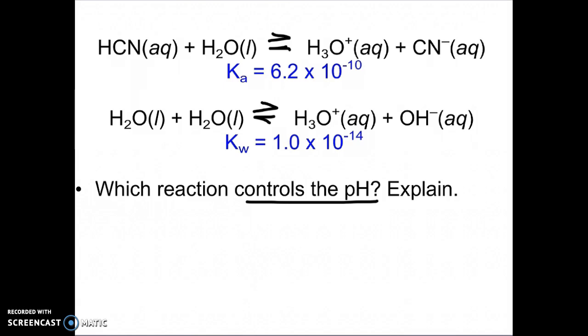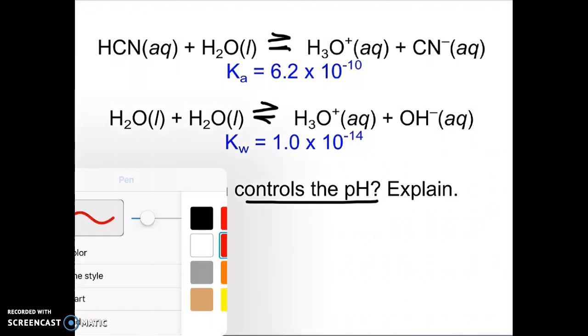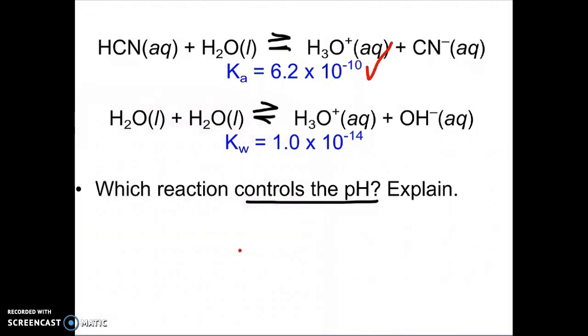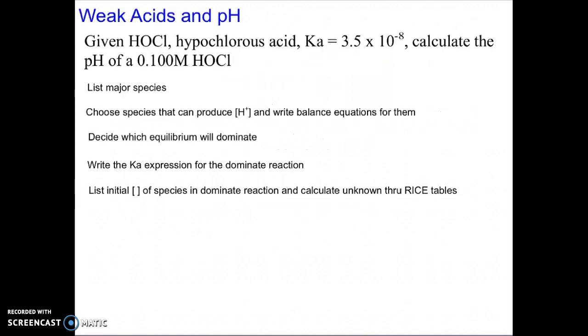Hopefully you recognize that the answer is the HCN, because that Ka value is larger by four orders of magnitude than the dissociation of water. Okay, moving on.